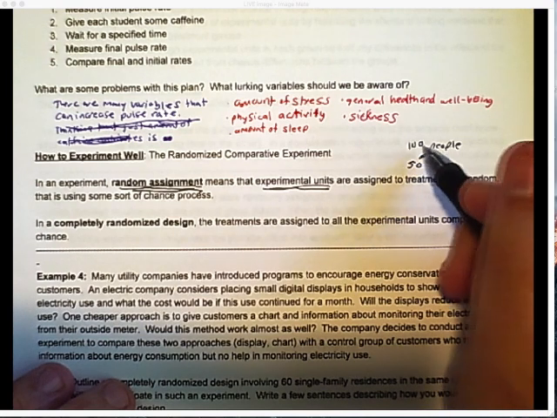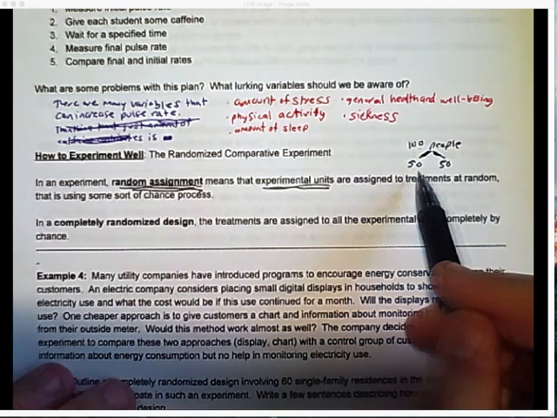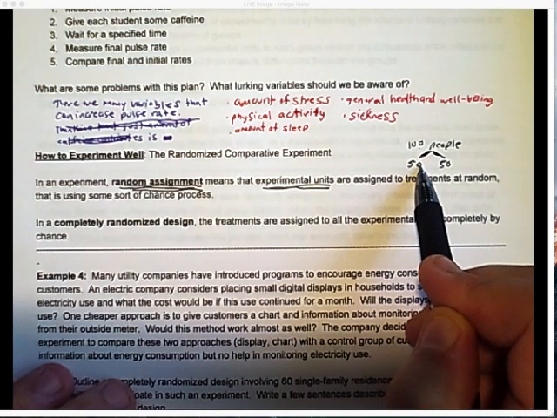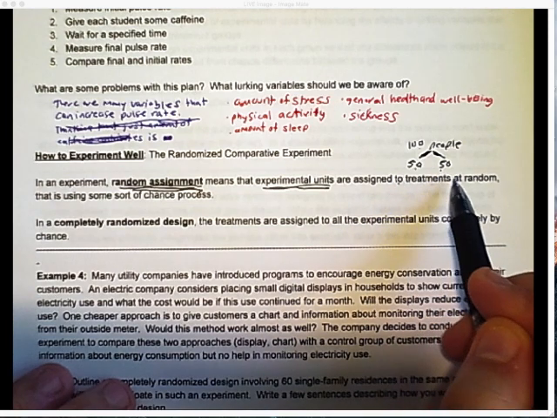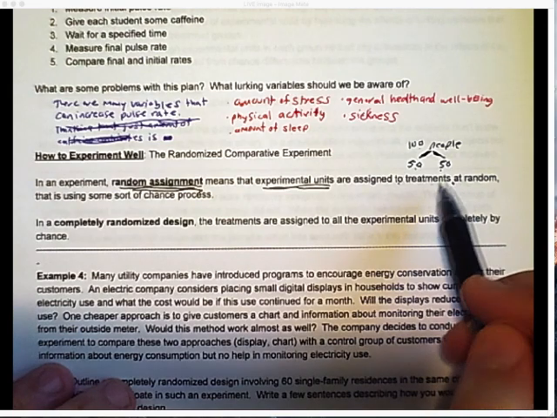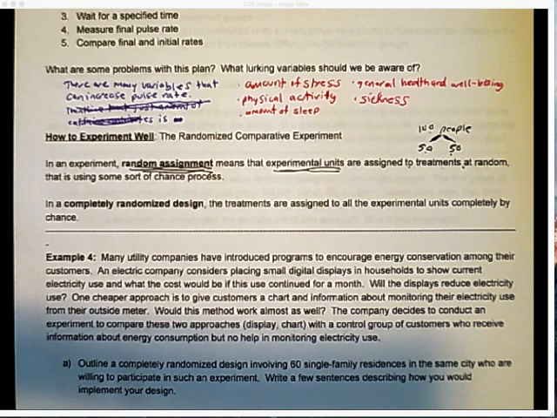After you have your 100 people that are going to be part of the experiment, 50 have to be randomly assigned to get some medication, and 50 have to be randomly assigned to get the other medication or the placebo or control. That's called random assignment. Random assignment is crucial in experiments.